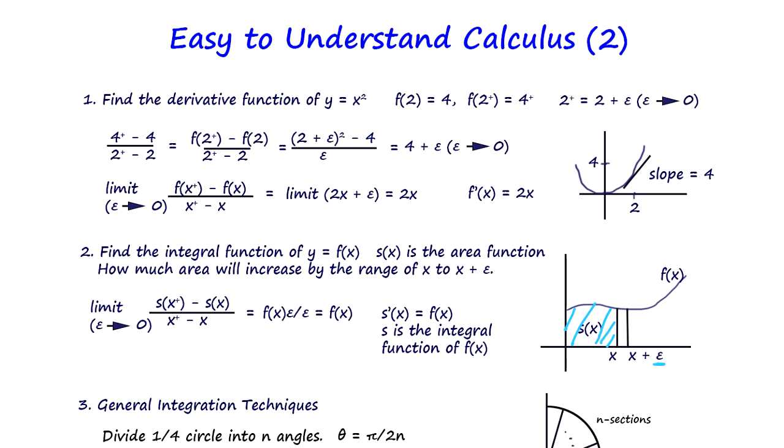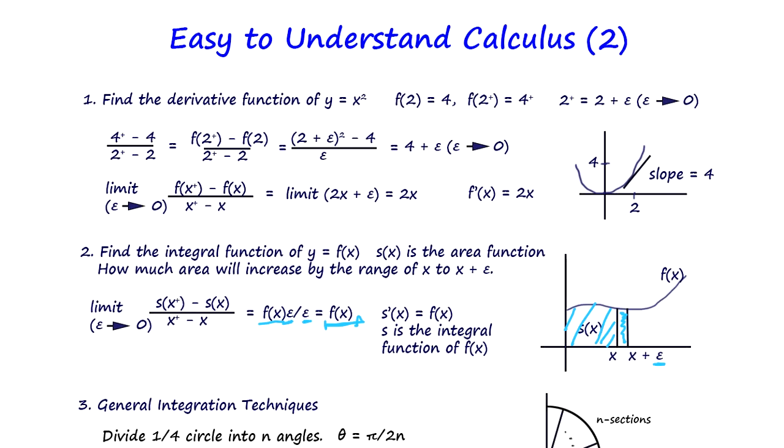So we take this derivative function form. What's happening is f(x) times epsilon is this area, divided by epsilon gives the height f(x). So if you take the derivative function of the area function S(x), it's going to be f(x).